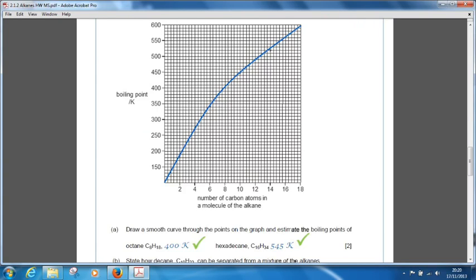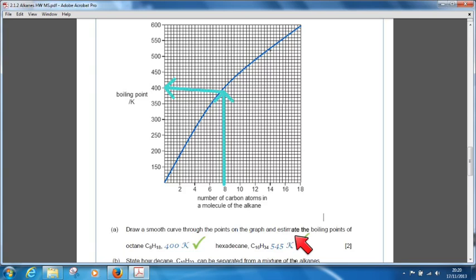This question talks about the different boiling points of alkanes, which are plotted by the number of carbon atoms in the carbon chain over here. The first question refers to the boiling point of octane, and again, very simple to do. Take a line coming from the 8 carbons going upwards, and then draw a cross, which will give you a boiling point of approximately 400 Kelvin.